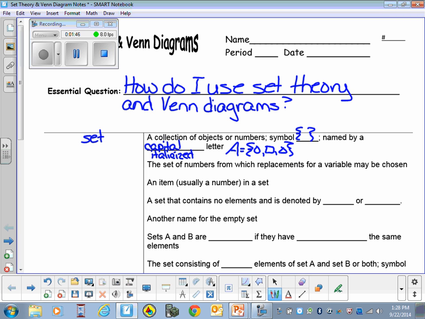We can have set A with a circle, square, and triangle. And I could have set B with 3, 5, and 7. In Algebra 1, you dealt with replacement sets.